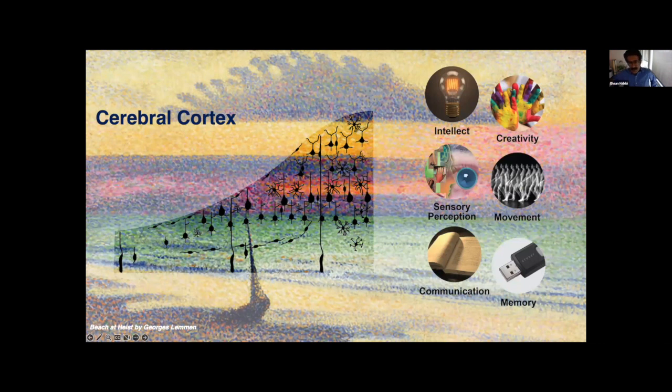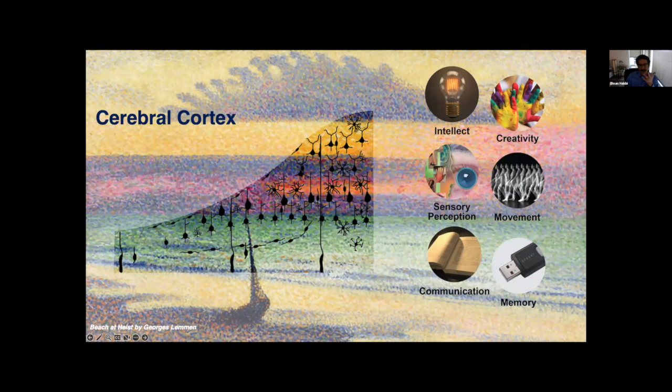The cerebral cortex is the region of the brain responsible for execution of most sophisticated higher order functions, including cognition, sensory perception, and sophisticated motor control and communication.